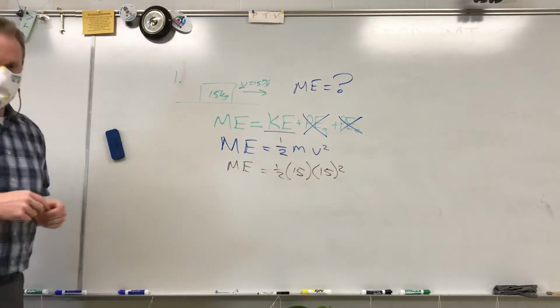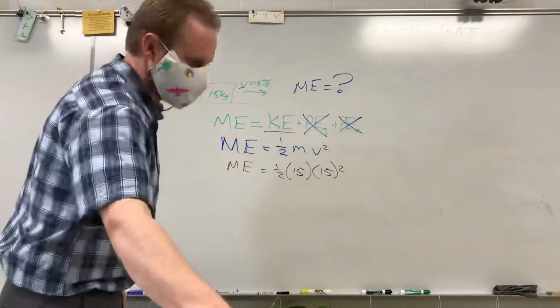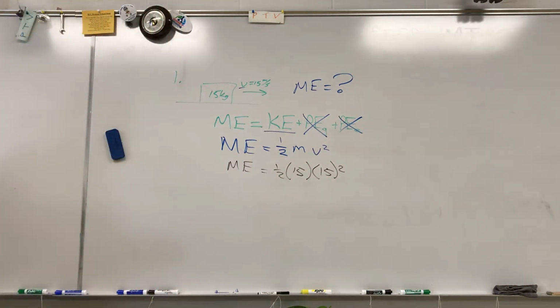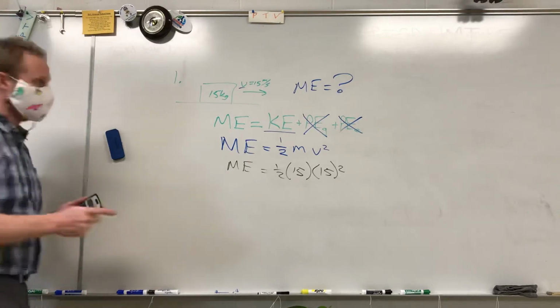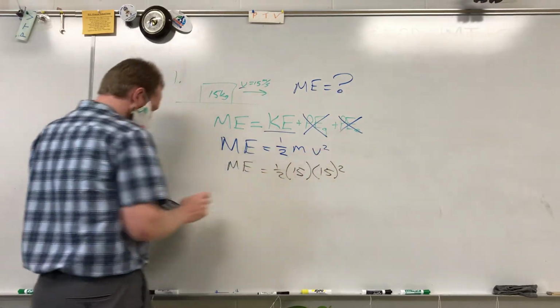So the mass of my object, in kilograms, knowing units is still important. Mass is measured in kilograms, so 0.5 times the mass of 15 times the velocity of 15, but it's 1/2 mv squared. The v is squared and only the v is squared.